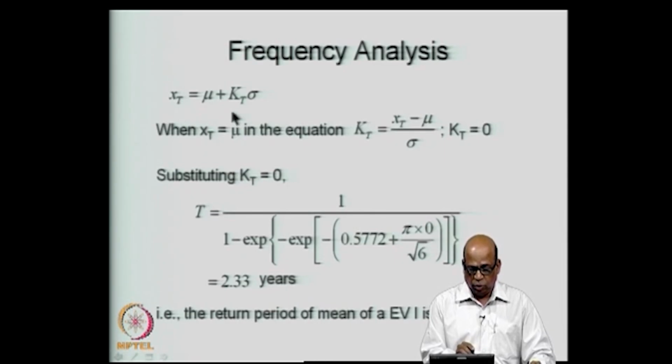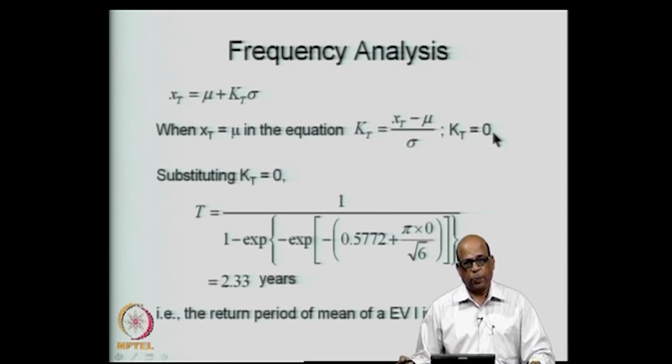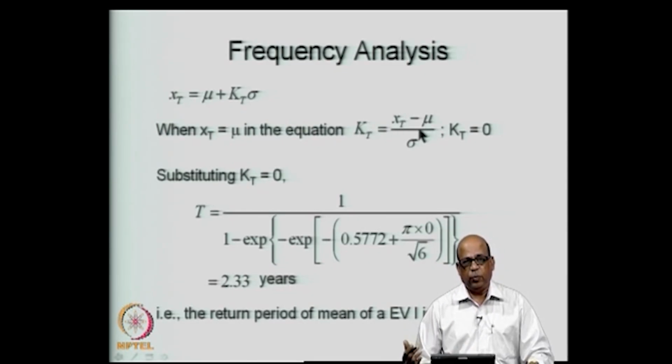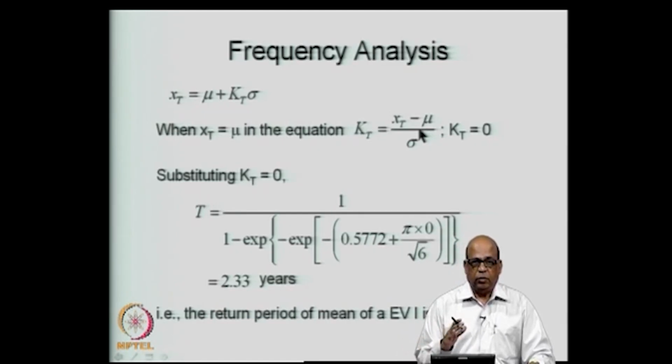So, when xT is equal to mu in this expression, you can get kT is equal to xT minus mu over sigma, and therefore, when you put xT is equal to mu, you get kT is equal to 0. So, if you are dealing with the extreme value type 1 distribution and your xT is equal to mu, what does it mean? You are saying that the average value or the mean value of the particular sample that you have or the population that you have.